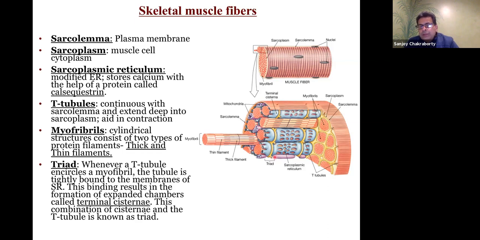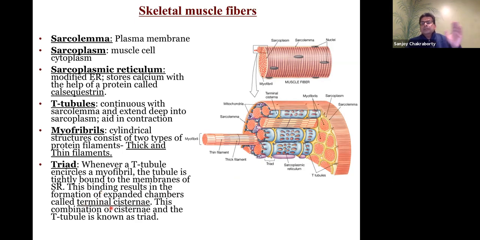That swelled area on both sides together with the rubber band, we call a triad. Those expanded chambers are called terminal cisternae.